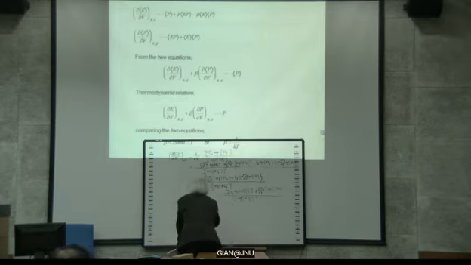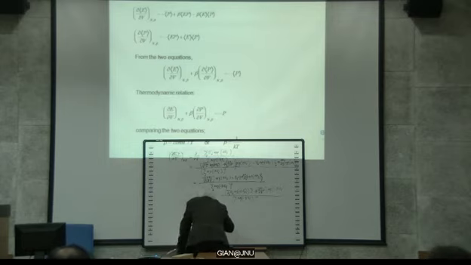According to my note, this should be sum exponential minus delta E_j, sum dE_j over dV exponential minus delta E_j.